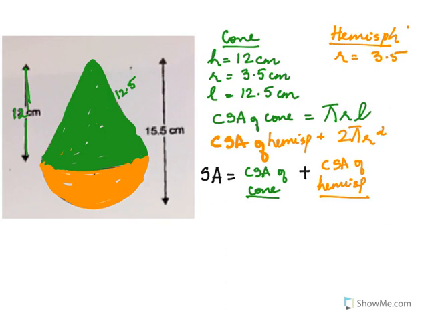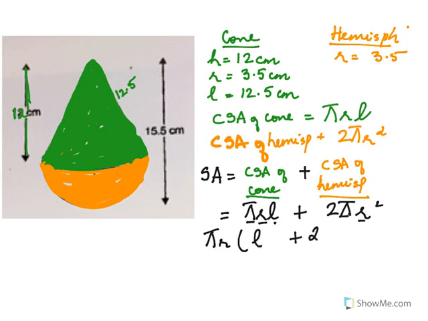So we'll put the values. Pi RL plus 2 pi r square. We can take pi r common out. What remains here is L, and in this case what remains is 2r.